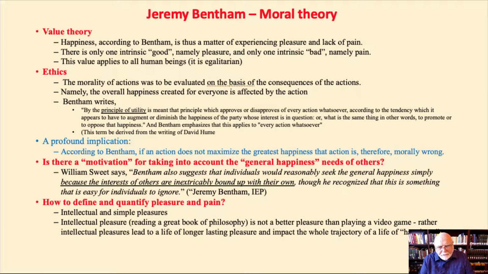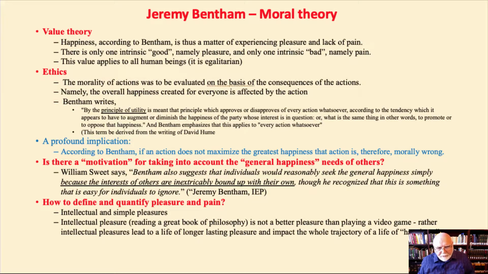The question that confronted Bentham and confronts all utilitarians is, is there a motive for everyone to take into account the general happiness of other people? In other words, when we're making our decisions, is there any motive in us going beyond our own personal happiness? If the intrinsic good of our life is being happy and making ourselves happy and avoiding pain, why worry about other people?